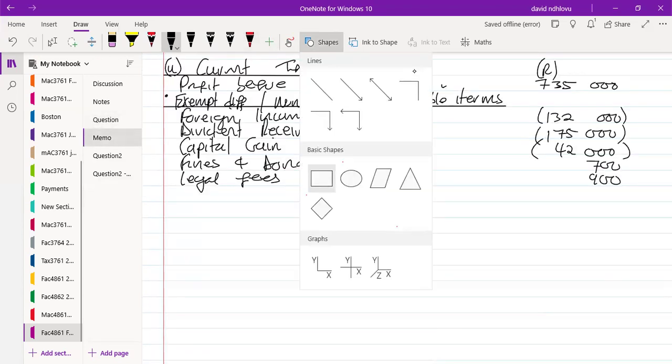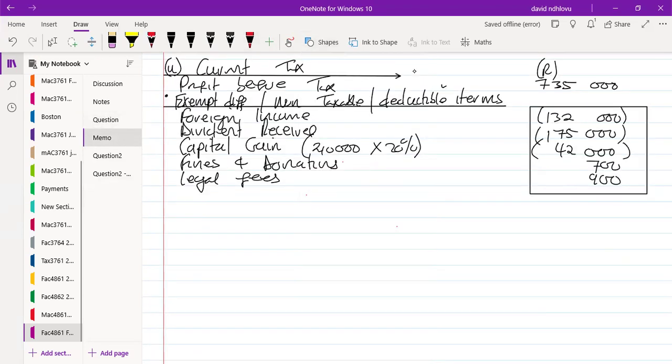We then calculate our total. So we say 132,000 negative plus 175,000 negative plus 42,000 negative plus 700 plus 900. Then we get 347,400 negative, plus 735,000.